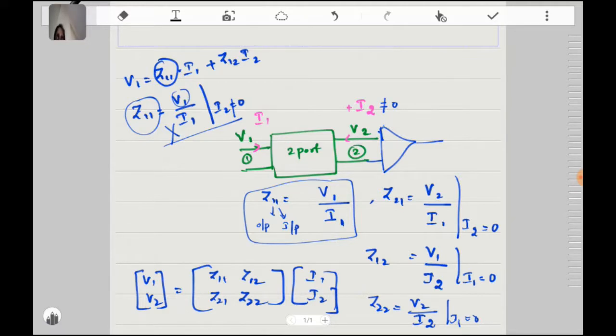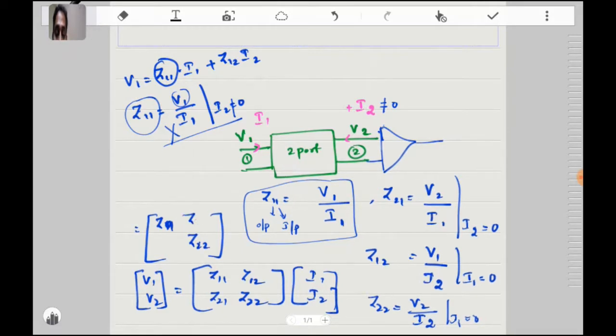That is the one application. Another application is it will tell some information about the device. If the Z parameter, for example, let us take this is Z11, this is Z22.